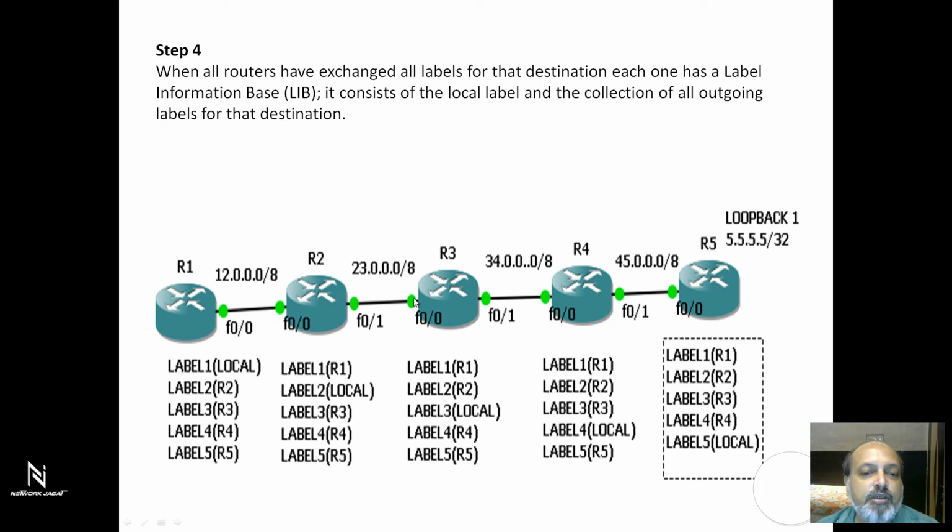These are not on the near side to 5.5.5.5, right? If we consider this topology, obviously R3 should be considering label 4 and label 5, because these two labels are sent by R4 and R5, which are nearer to the destination. Whereas labels sent by R1 and R2 are far away from the destination. Still R3 will retain these labels.